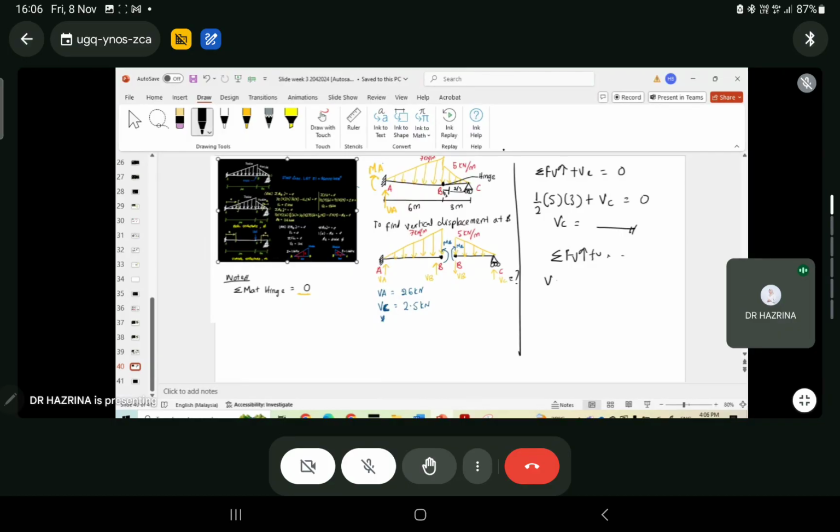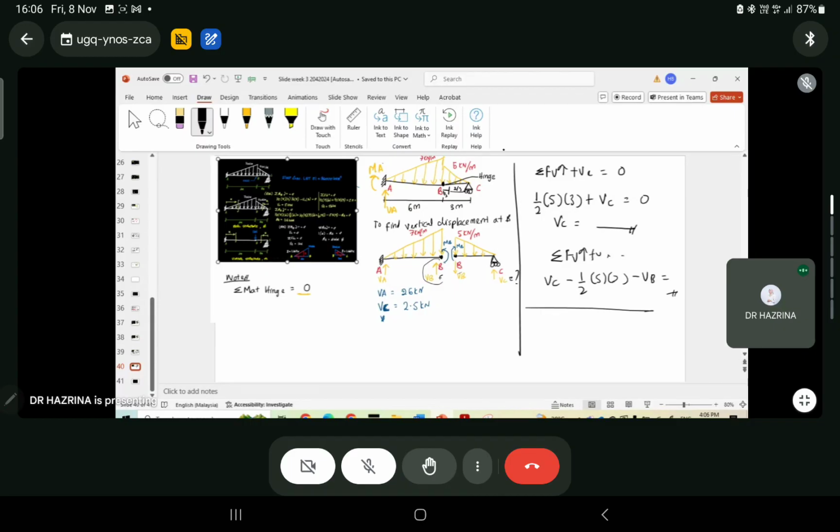So you akan ada VC minus setengah kali 5 kali 3 minus VB, you akan dapat. So this VB, bila you dah dapat, you akan transferkan VB tu kat sini and you use the same VB untuk kira the what we call it, the moment at A. So maksudnya untuk this one, you akan dapat lah.